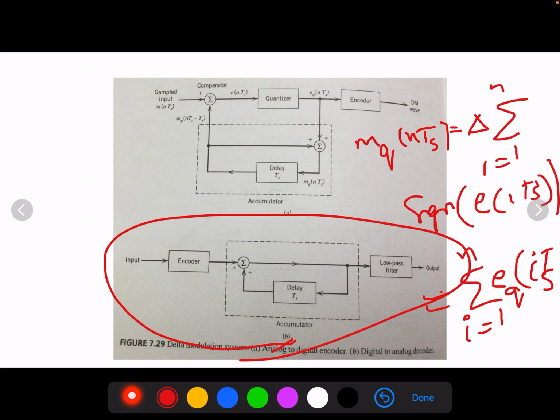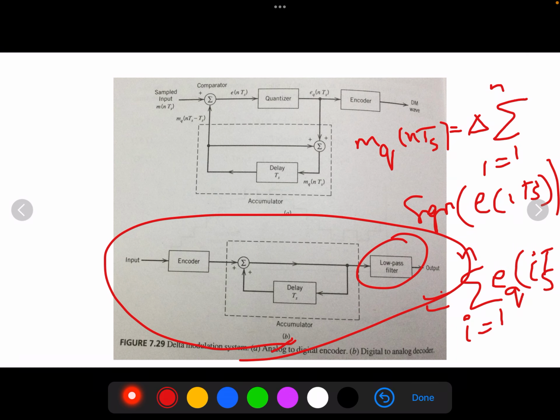The out of band quantization noise in the high frequency staircase waveform mq(t) is rejected by passing it through a low pass filter, with a bandwidth equivalent to the original message bandwidth. Delta modulation is subjected to two types of quantization errors.